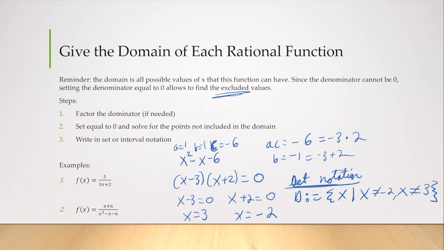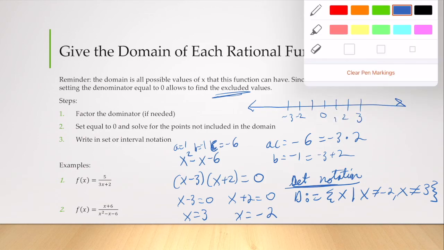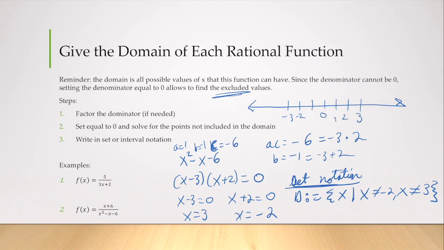For interval notation, we need to envision a number line. So let me think, what values are excluded from my domain? Well, it's -2, I'm going to have a gap there, and +3. But all other possible x values are in my domain. So this would be from -infinity to -2, together with from -2 to 3.